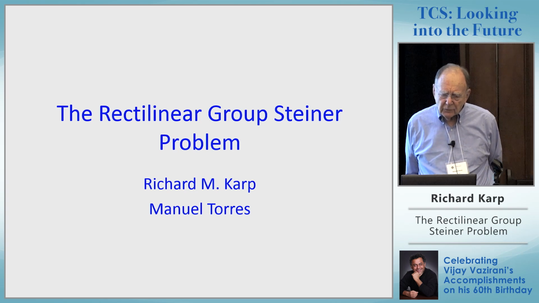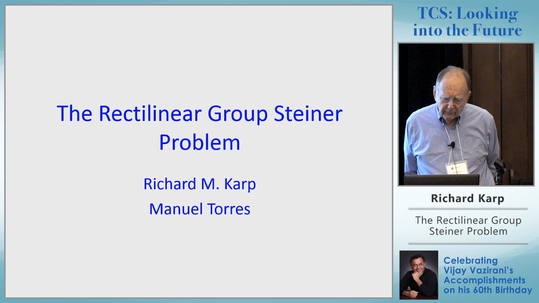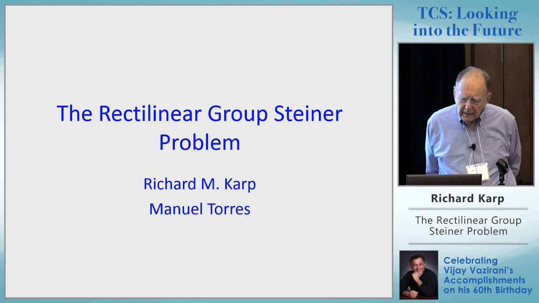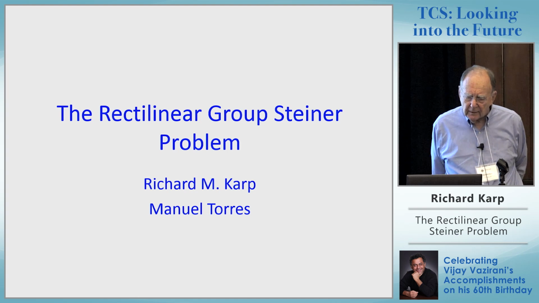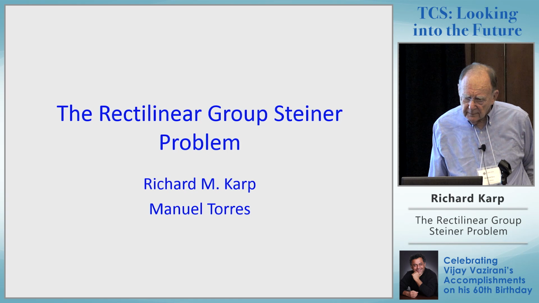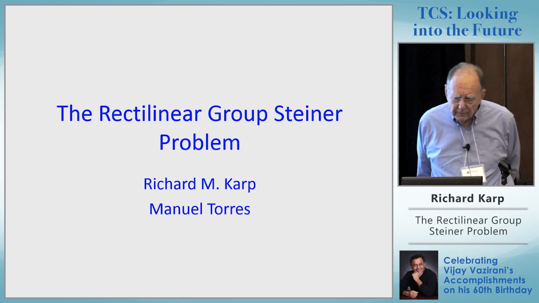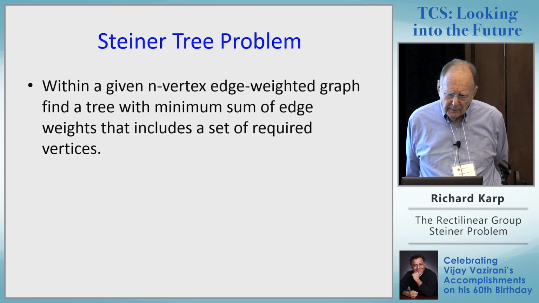So the famous Steiner tree problem on a graph is the following. Within a given n-vertex edge-weighted graph, you want to find a tree with a minimum sum of edge weights that includes a set of required vertices. I'm going to talk about a version called the group Steiner problem.